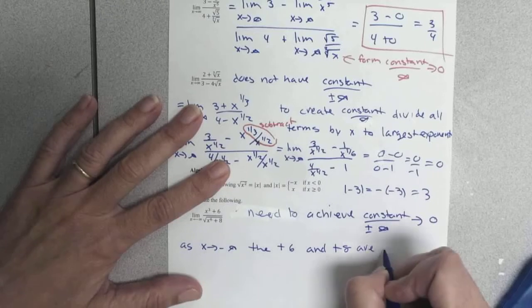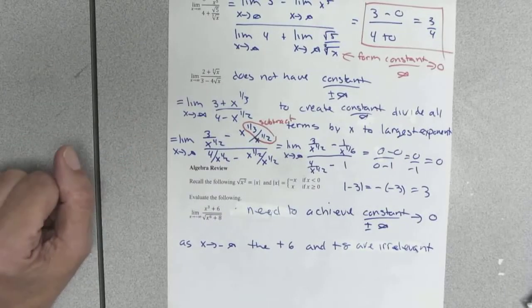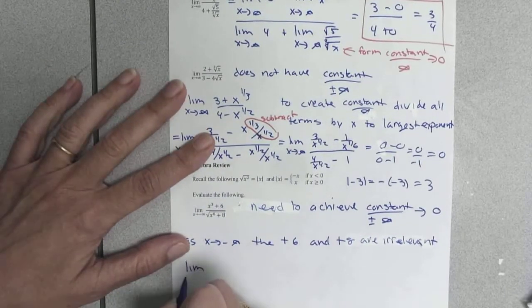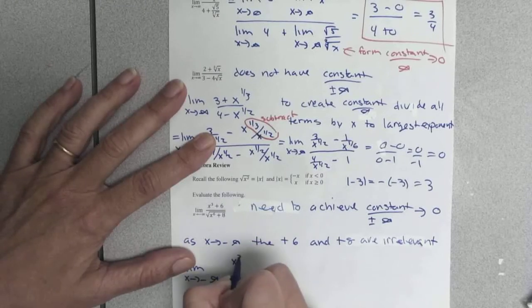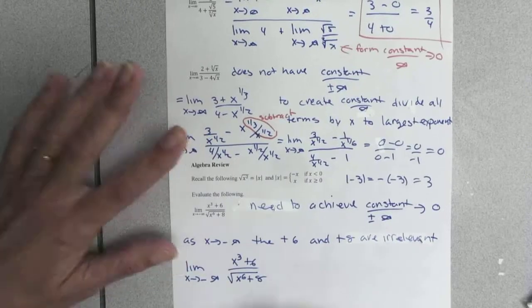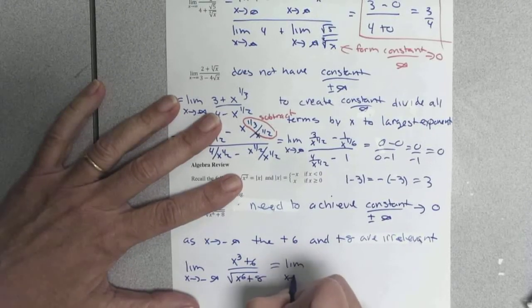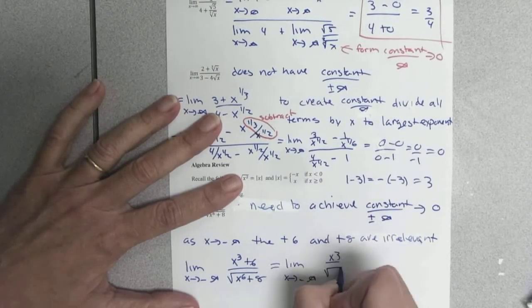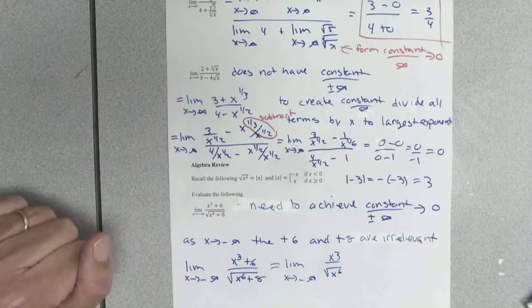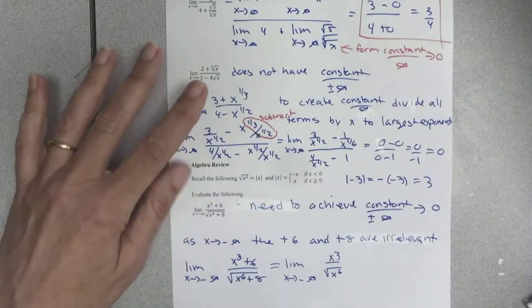Meaning that the limit as x goes to negative infinity of x cubed plus 6 over the square root of x to the 6 plus 8 is the same as the limit as x goes to negative infinity of x cubed over the square root of x to the 6th. I don't need to think about the plus 6 and the plus 8 when x goes to infinity or negative infinity. Negative infinity plus 6 is still negative infinity. Negative infinity plus 8 is still infinity. They just don't make any difference, so I can drop them.